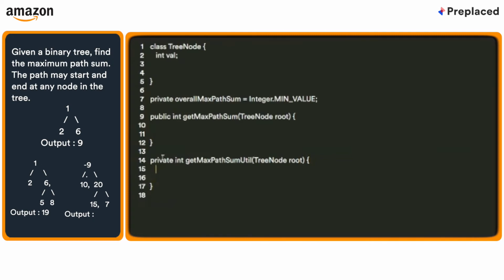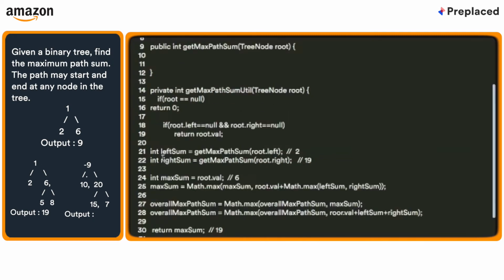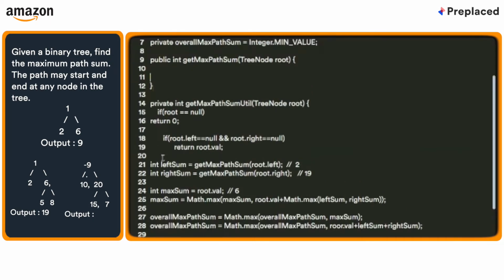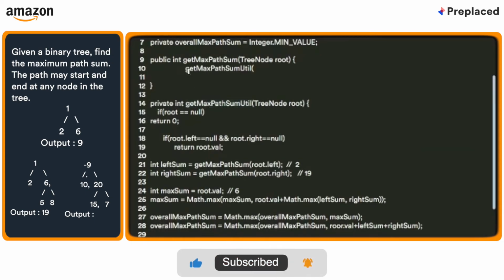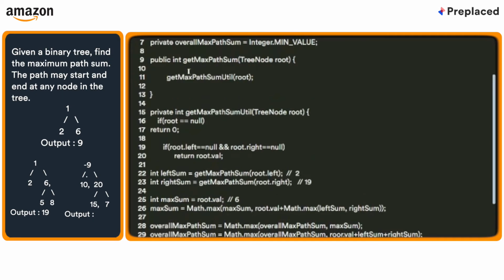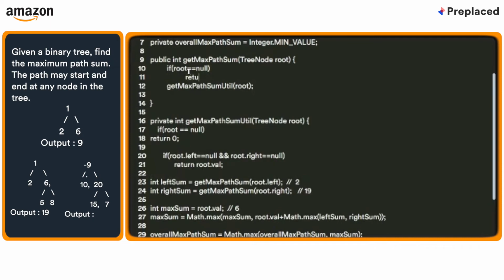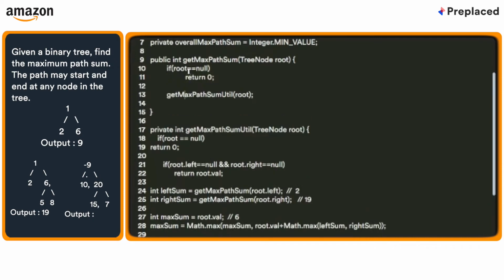This guy will have everything, and it will be useful for all other cases. Now, if the root is null, I'll handle a special case and return 0. Otherwise I'll call this util and return the overall max path sum.